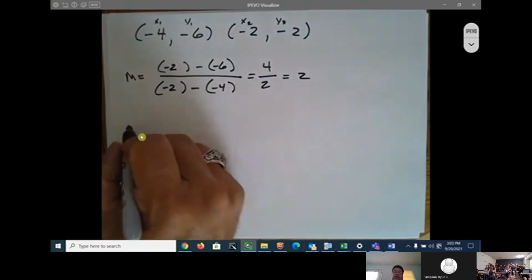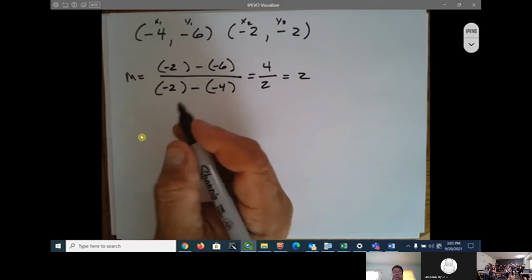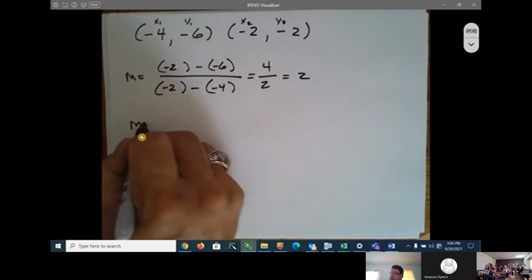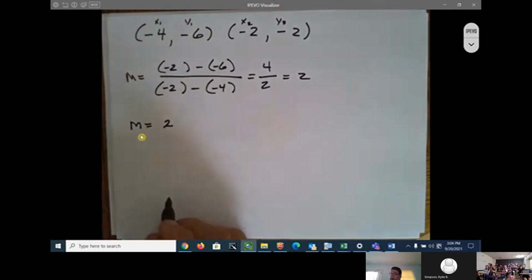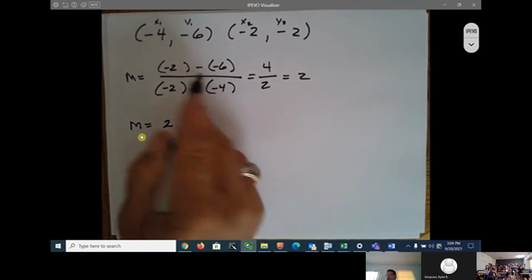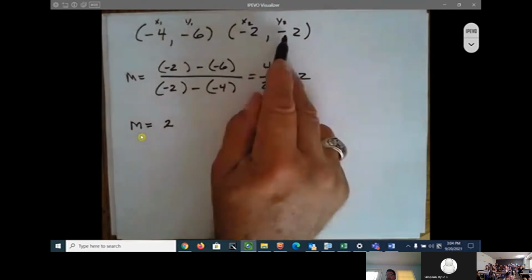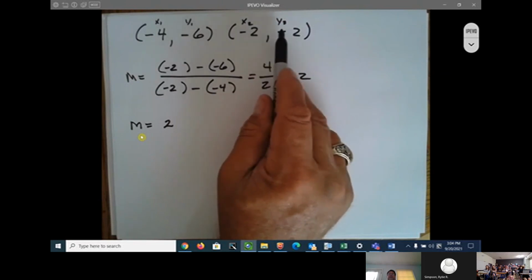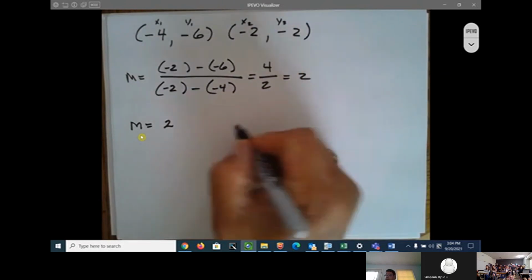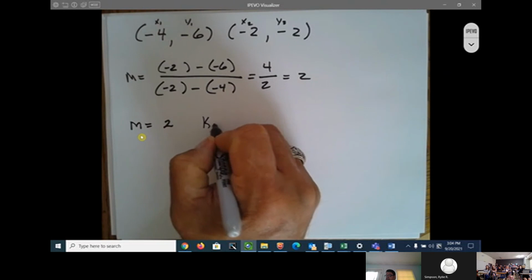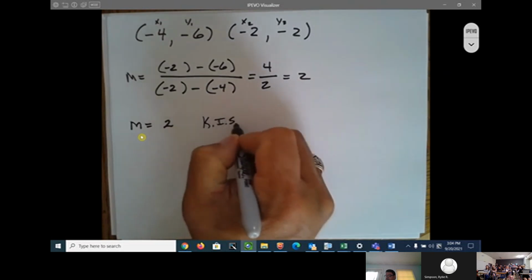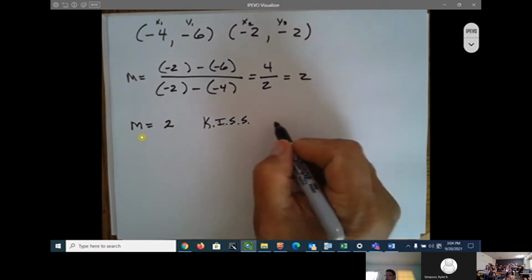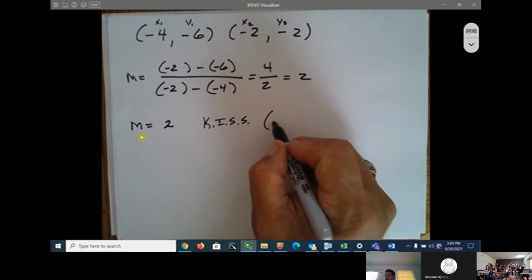And I guarantee you somebody in the class did not get 2. m is equal to 2. So now I'm going to use negative 2, negative 2. Why am I going to use negative 2 and negative 2? KISS method. What's the KISS method? Keep it simple. Use smaller numbers.